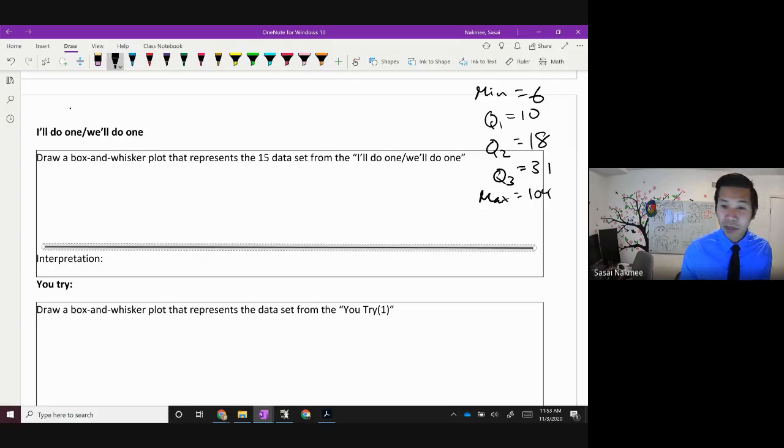So here we go, there's my number line. For this one, I'm going to start at 0, and I'm going to finish at 110, since the maximum is 104. And I'm going to go by tens.